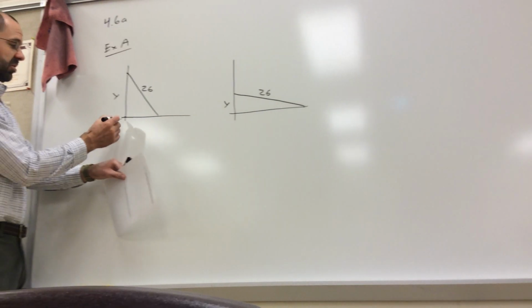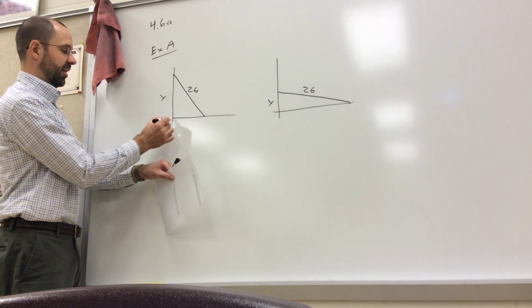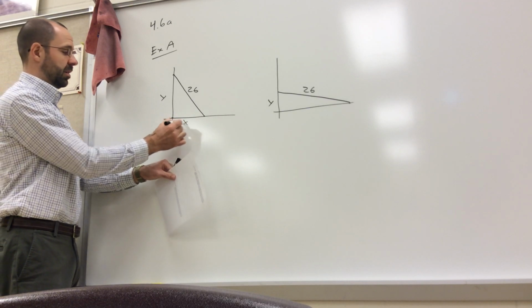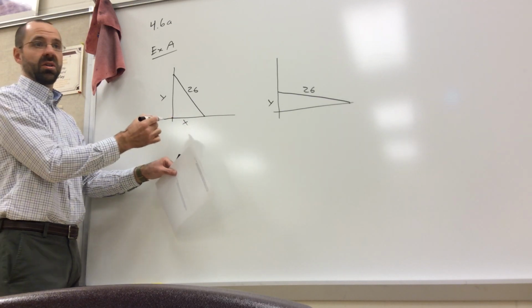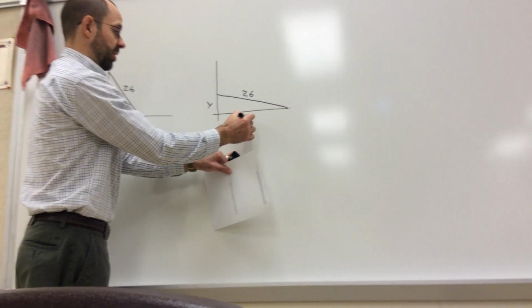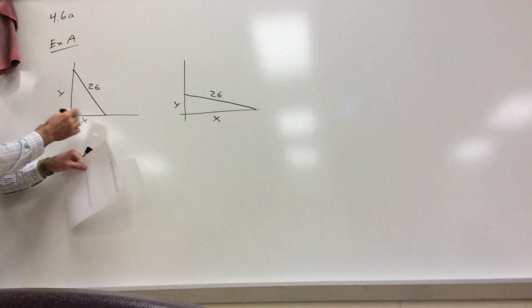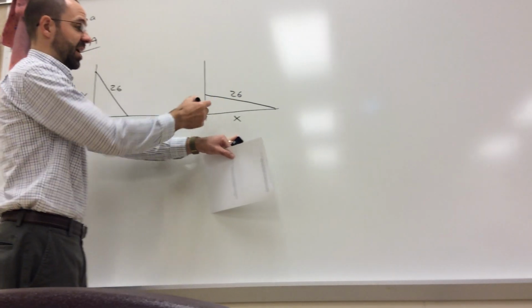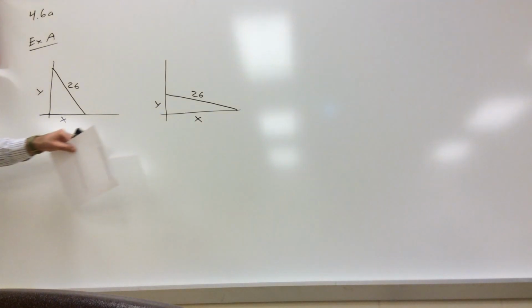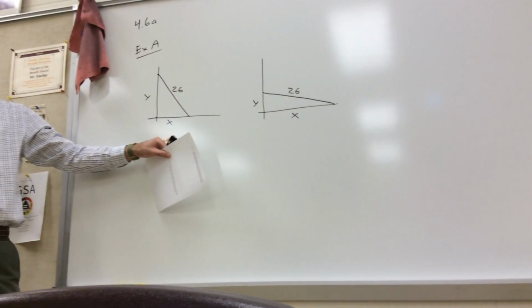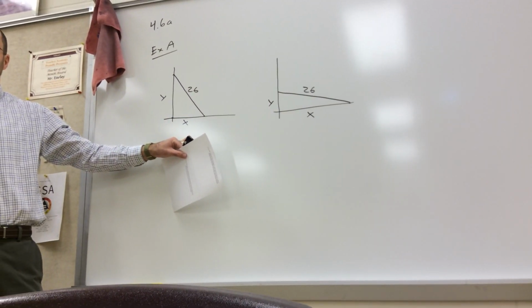And then I'm going to have x represent the distance from the bottom of the ladder to the bottom of the wall. Here x is small, but when the ladder falls down, x is getting bigger. Okay, so it's very important that those stay as variables.